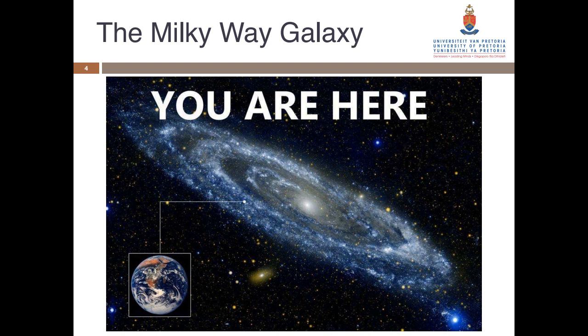So when we look at our own galaxy, this is where we are located. We are in the Orion Arm, in one of the outer regions of our own galaxy. What is striking about this image for you? What stands out for you?